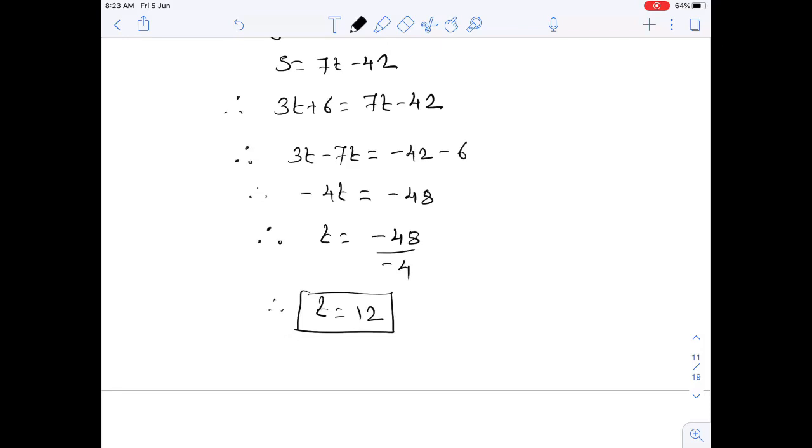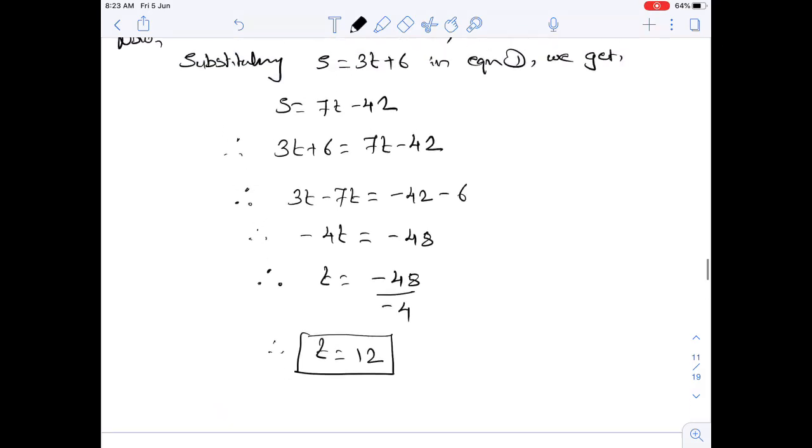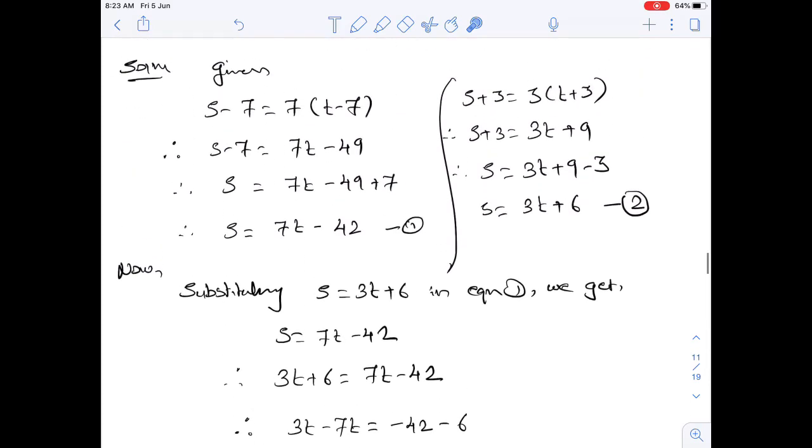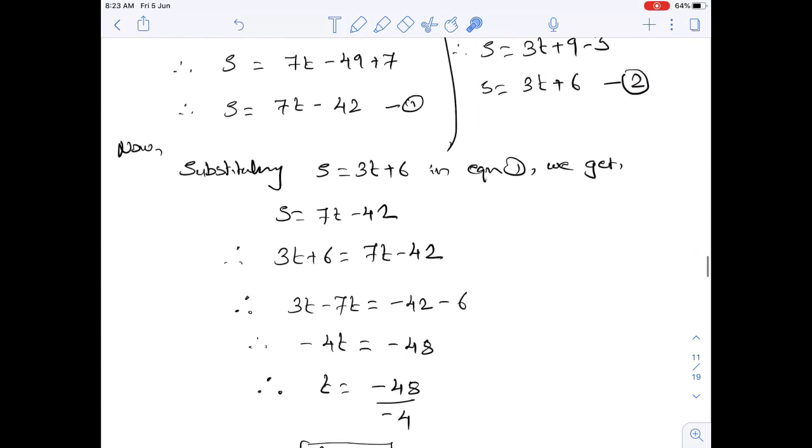Now we have the value for one of the variables. Now we will substitute the value of t, that is 12, in any one of these equations. I am going to substitute in equation number 2 because this one is easy for me.